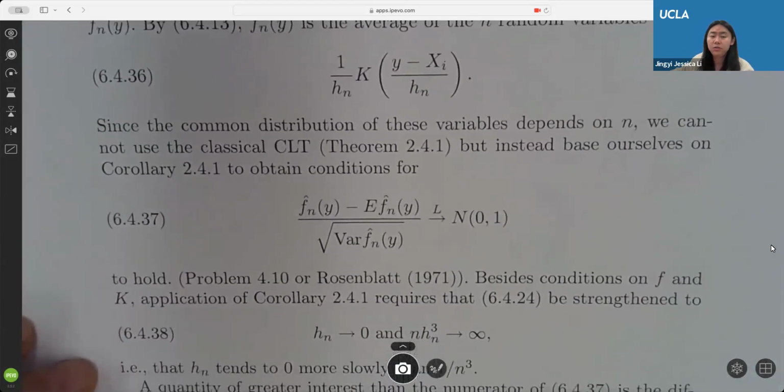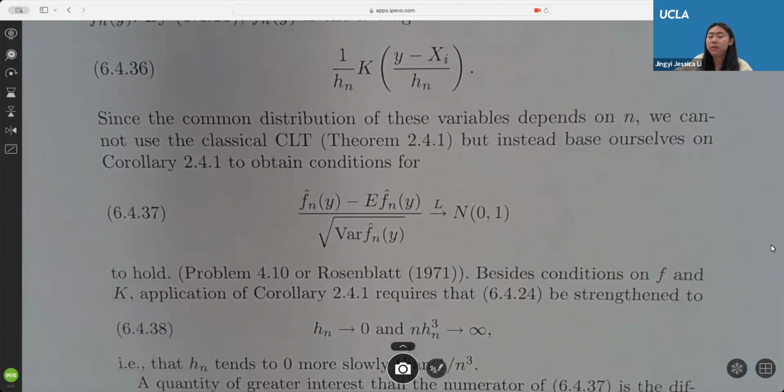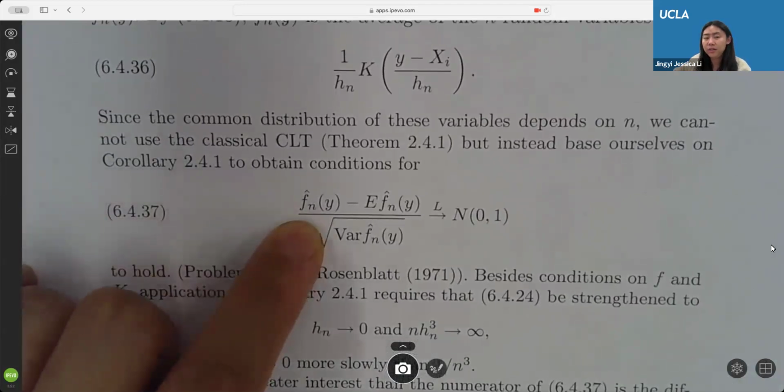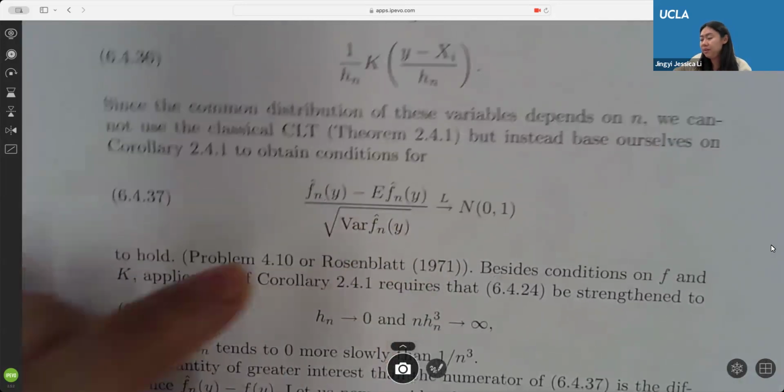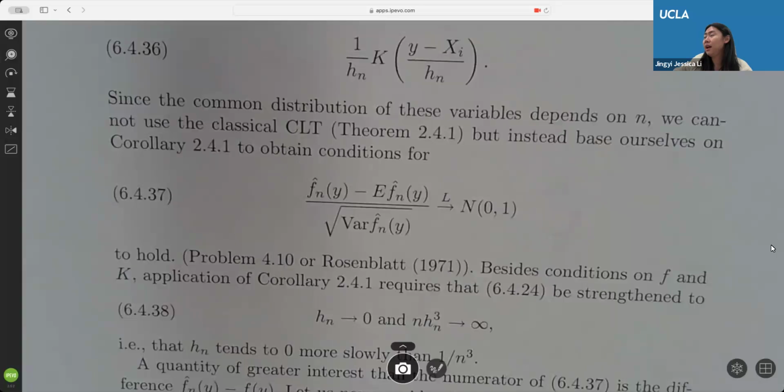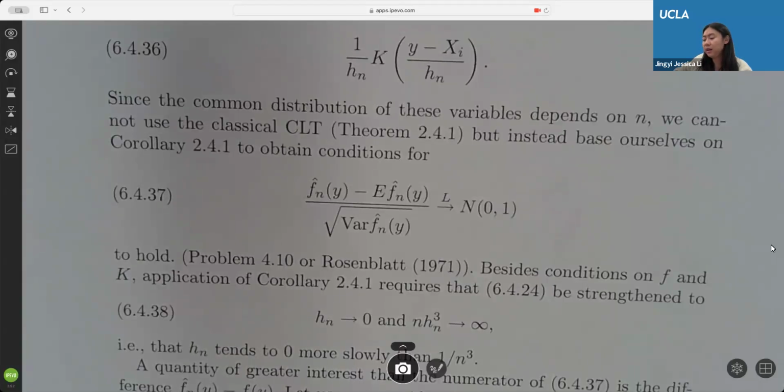Another question is whether you can use the central limit theorem for a particular pointwise density estimator and its expectation. Do we have something like a central limit theorem? Actually, yes. The reason is that the kernel density estimator is also something like an average. For an average type of statistic, the central limit theorem typically applies.